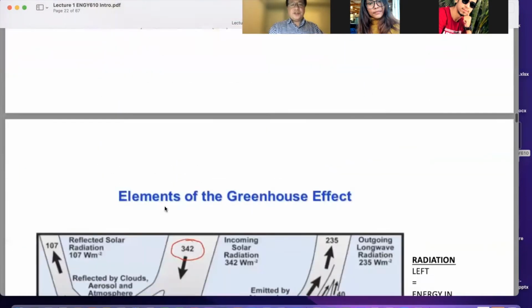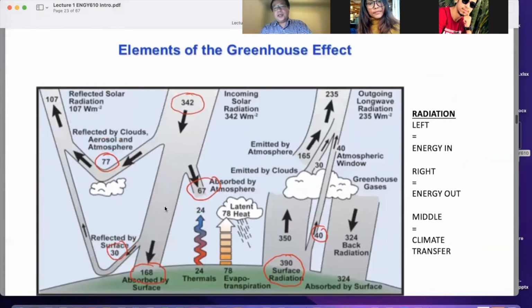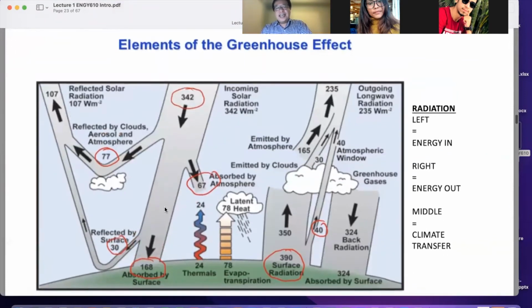When you finish your lecture one, I also review the video again. I think this graph is also important because greenhouse effect and greenhouse gas will always be a very important topic. You need to know how much solar radiation is reflected back to the sky, leaving, and how much is absorbed by the atmosphere or absorbed by the earth's surface.